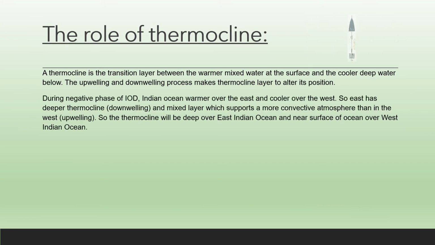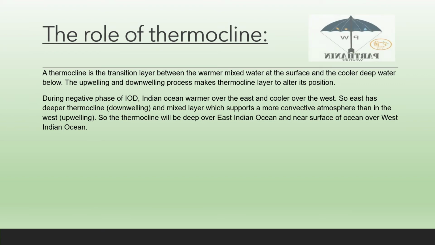As we are going to see a weak negative Indian Ocean dipole in the next 2 months, I am concentrating on the negative Indian Ocean dipole. During this negative Indian Ocean dipole, the Indian Ocean is warmer over the east and cooler over the west. So the east has a deeper thermocline.